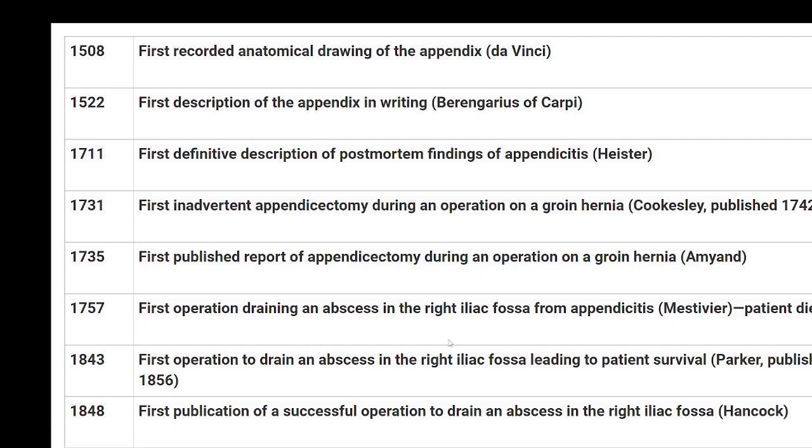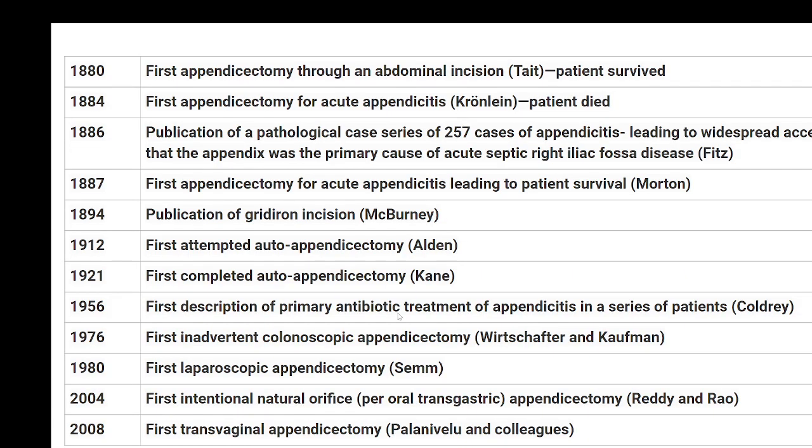Abscess drainage was done previously. Then appendicectomy through a typical abdominal incision was done as a standard in 1880, with the patient surviving. So the whole historical timeline of a classical planned appendicectomy is maybe 300 to 400 years old.